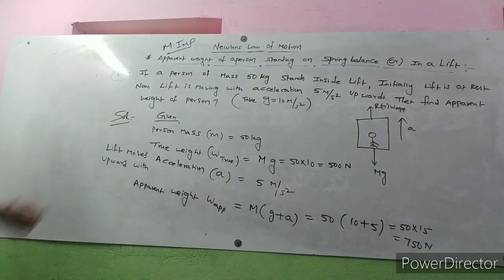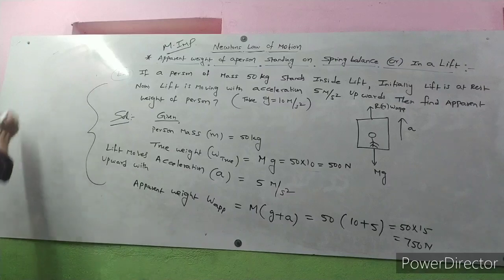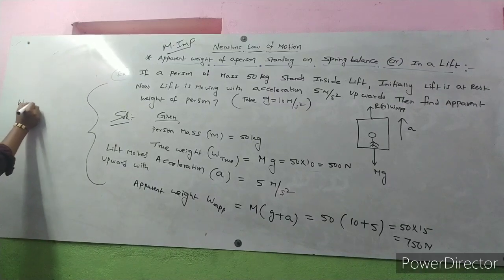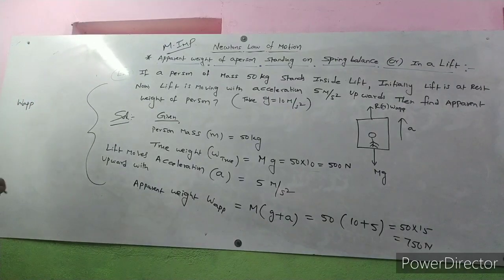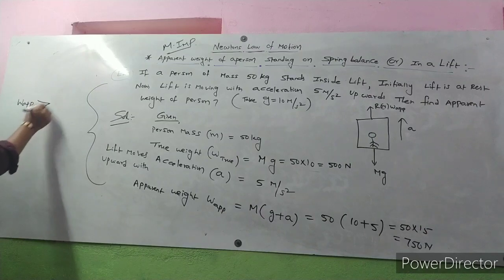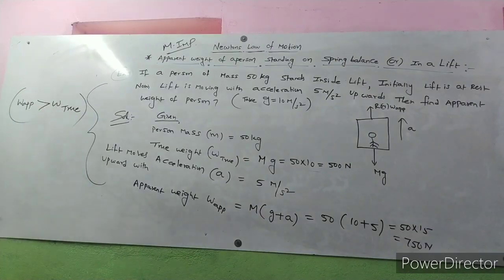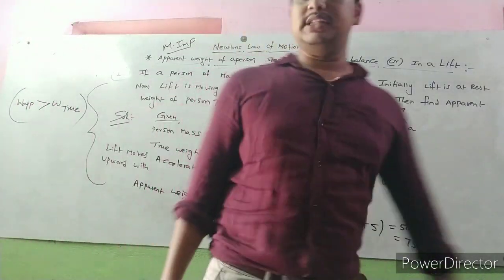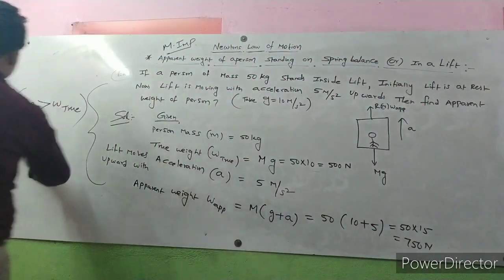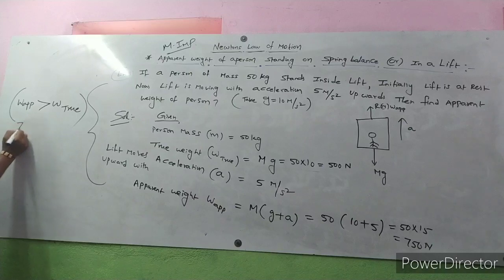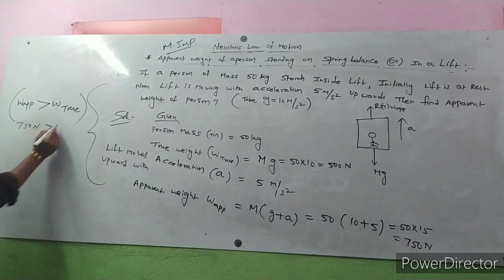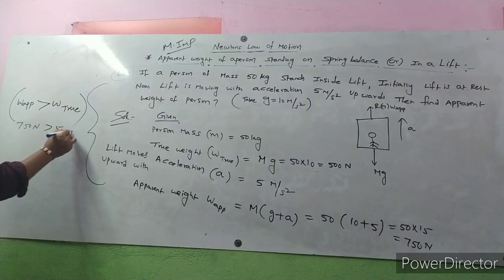From this we get that W apparent is greater than the true weight. Because we got 750 newtons, is 750 newtons greater than 500 newtons or not?